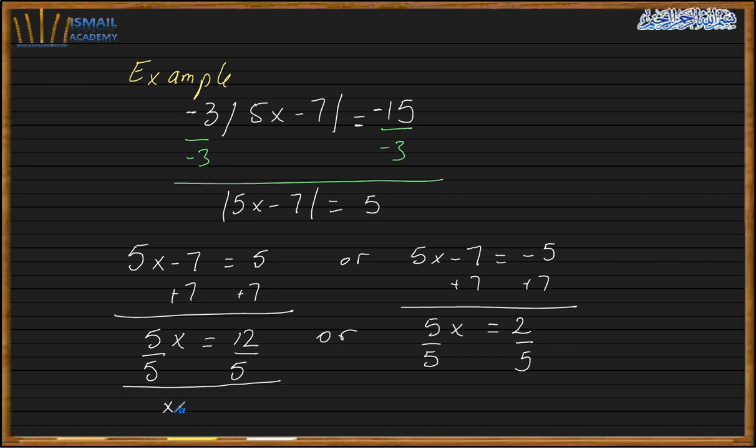So my x will be 12 over 5, or x will be 2/5. Those are my two solutions. So this is all about how to solve absolute value linear equations.